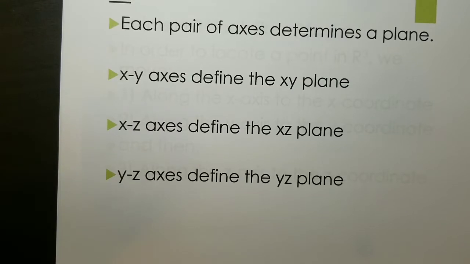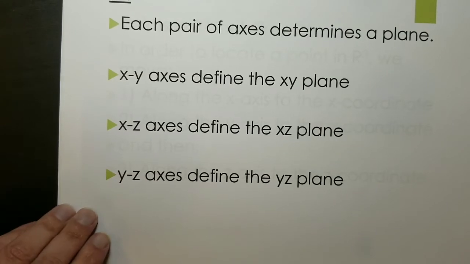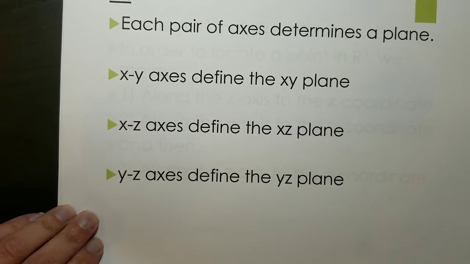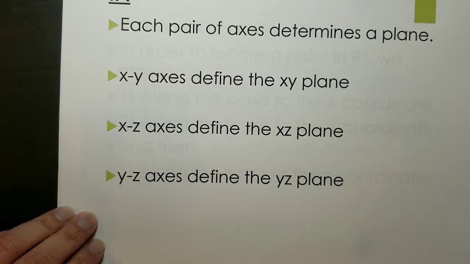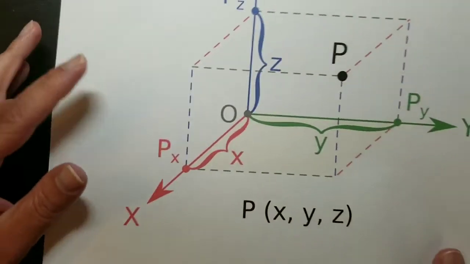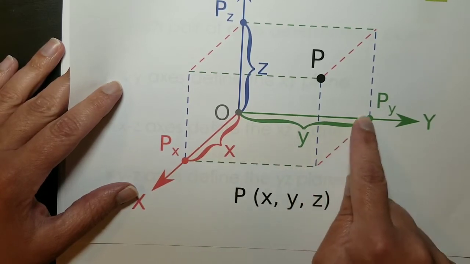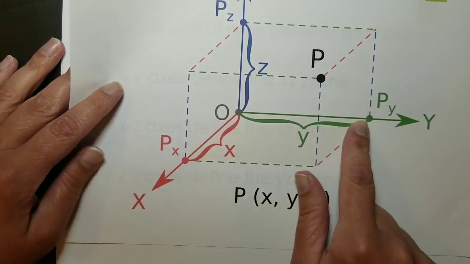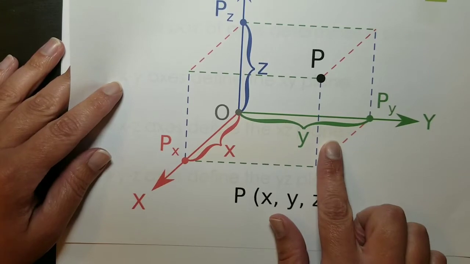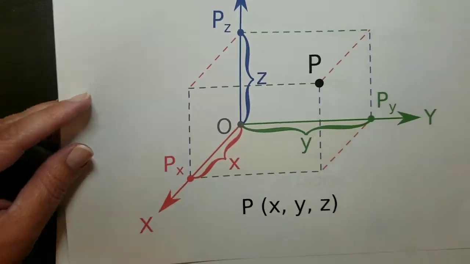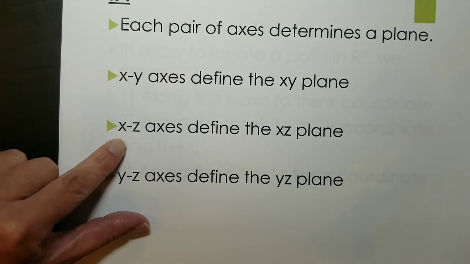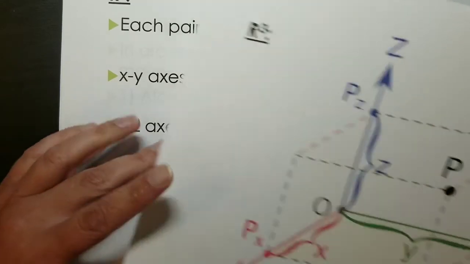So in these, each pair of axes is going to determine a plane, and I may switch back to the first diagram there. The XY axes determine the XY plane. So you can see here we've got a little bit shaded in. This is our old XY plane, our nice friendly XY plane that we were really used to. But we also could look at the XZ axes and say that that's the XZ plane.